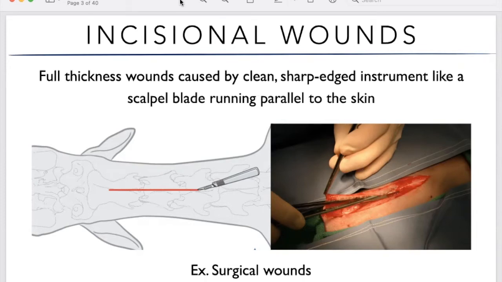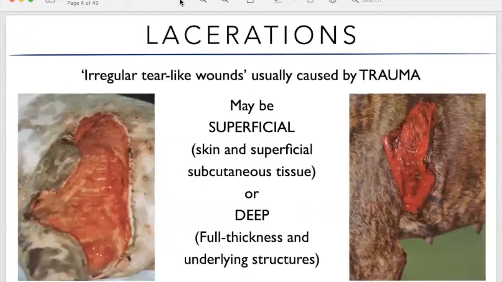All right, lacerations. As compared to incisions, these are irregular tear-like wounds, and it's usually caused by trauma. And you could actually think of a lot of factors that could cause lacerations.